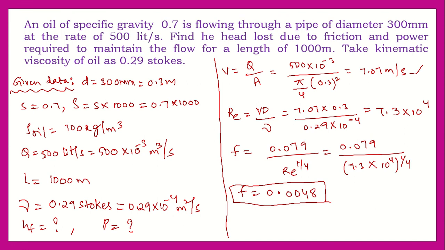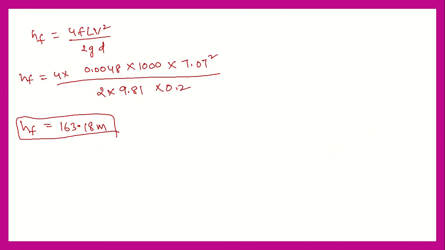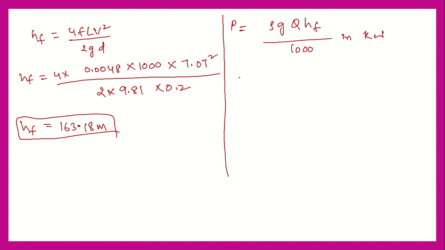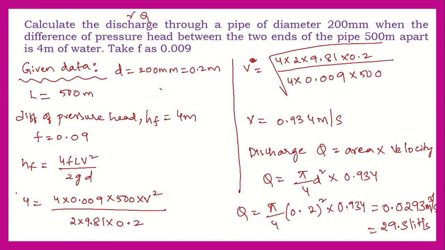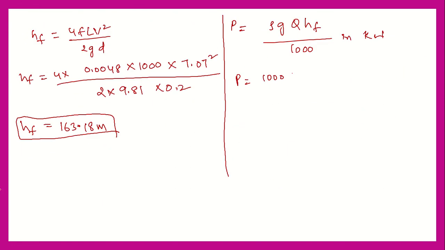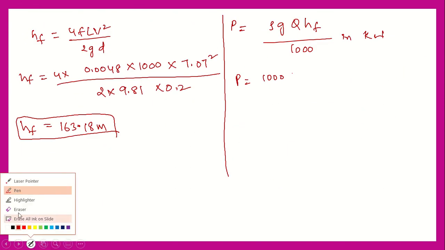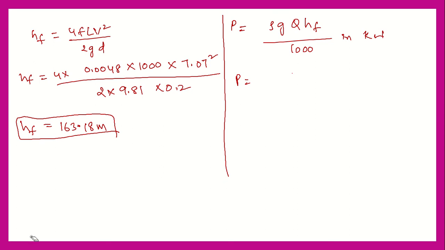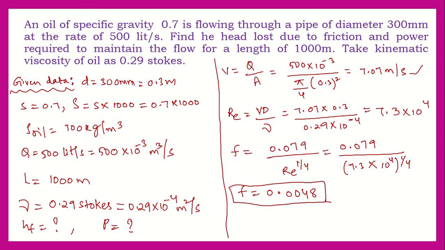We are not yet done. He also asked us to calculate the power. So power required formula, I am writing it here. Capital P is rho G Q HF by 1000 in kilowatts. Okay, let's put up this formula. Sorry, not 1000, it is 700, because for us in the question we have calculated the density of oil.